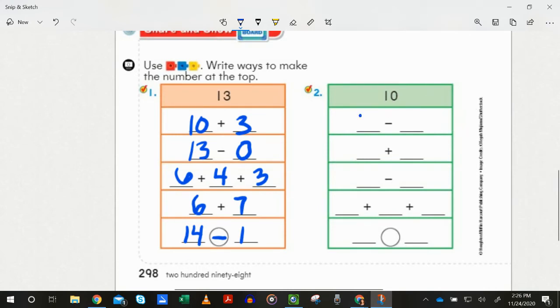Let's start with the number 17. Now I know 17 means a group of 10 and 7 more. So how many would I need to take away to bring it back to just the group of 10? I would need to take away 7. That's right.